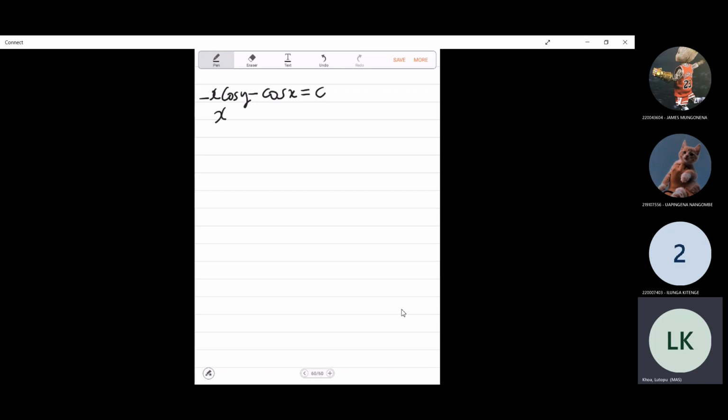So say x cos y plus cos x is equal to c. Again, I don't need to write negative c here because negative c is a constant. So this c represents whatever constant you may have over there, whether you multiplied that constant by -1 or not. That is your final answer.